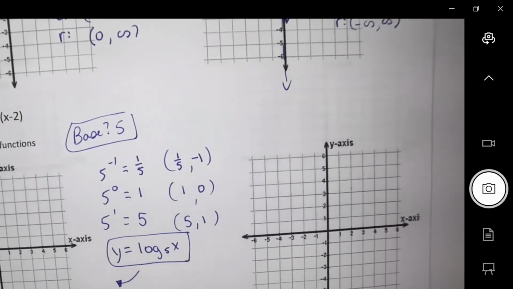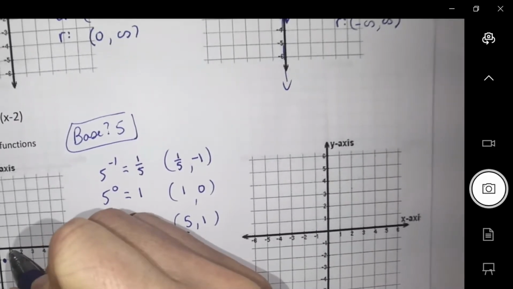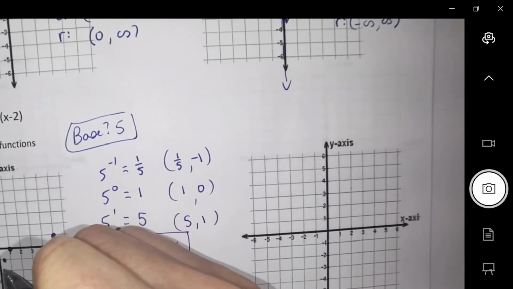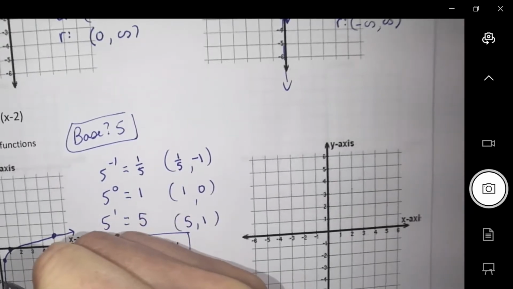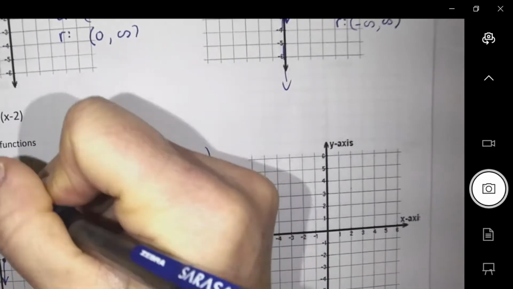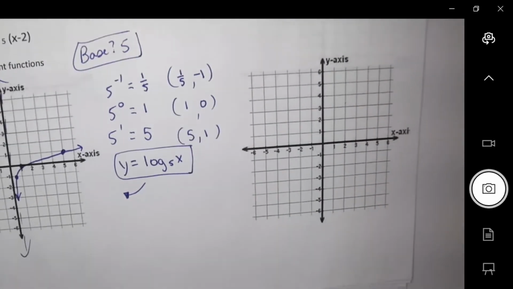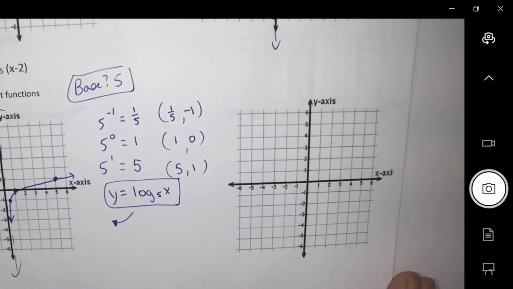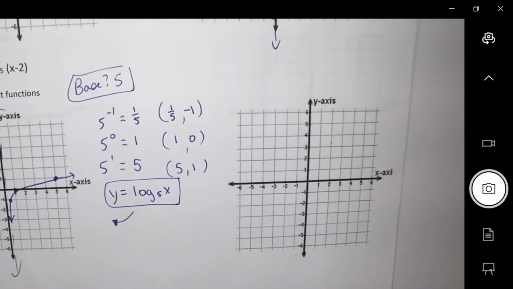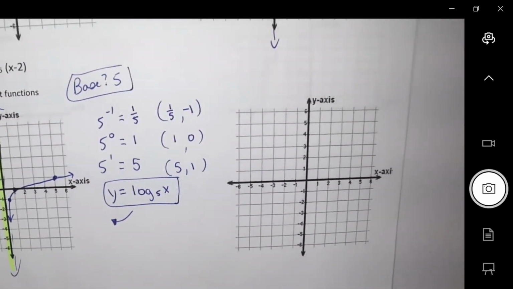Okay, so those points. Okay, are we good with that? The log function. So that's the basic shape of a log function.